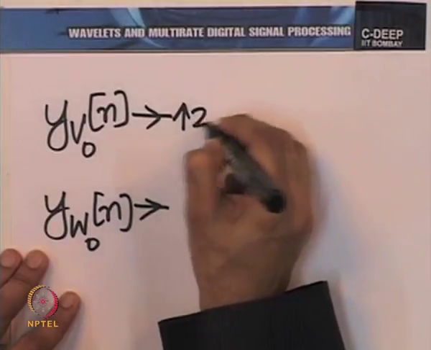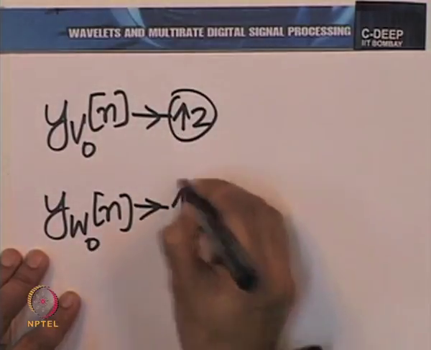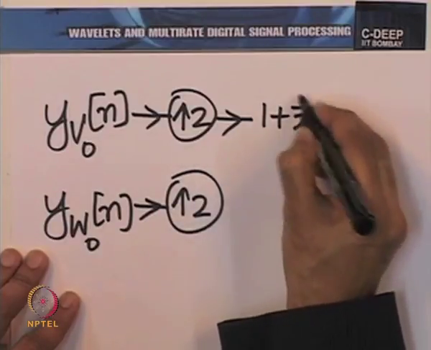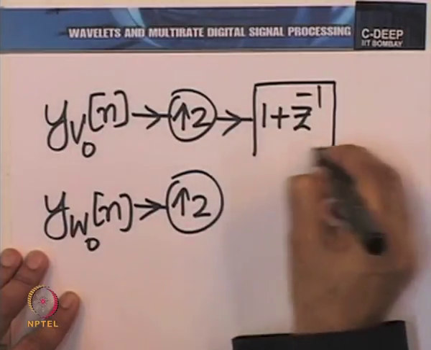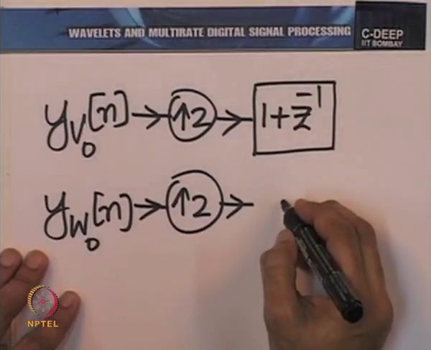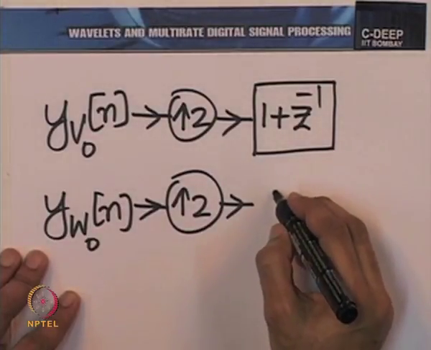We have an upsampler, we have a 1 plus Z inverse operator coming there, and a minus Z inverse plus 1 operator coming here.